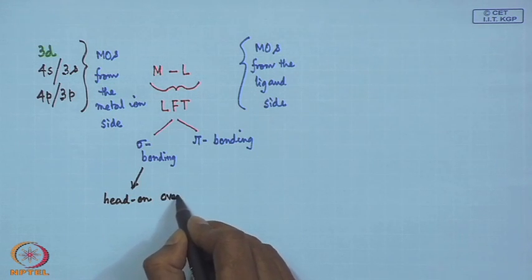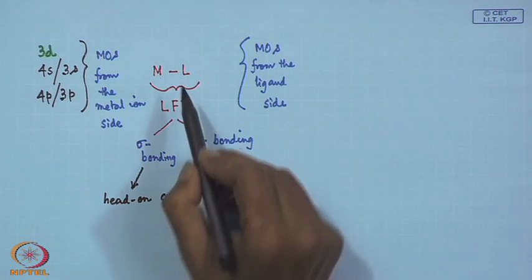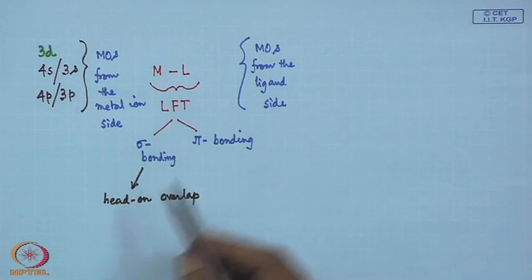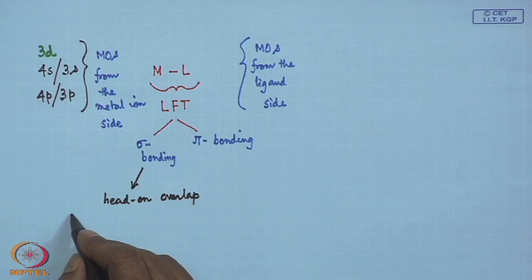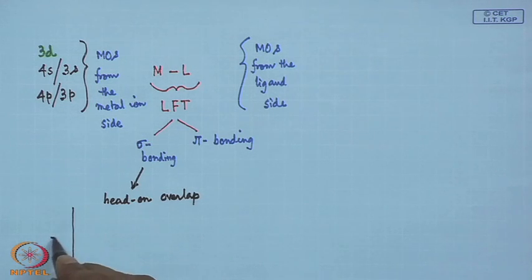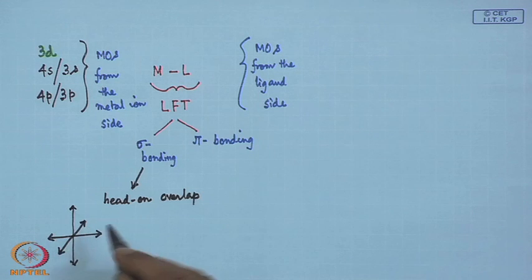So, we should have the corresponding metal-ligand overlap which can be considered as a head-on overlap. That means we have the corresponding axes, which we are considering as the x, y and z axes.